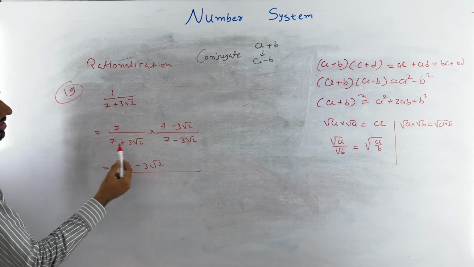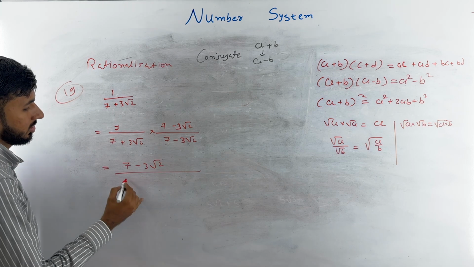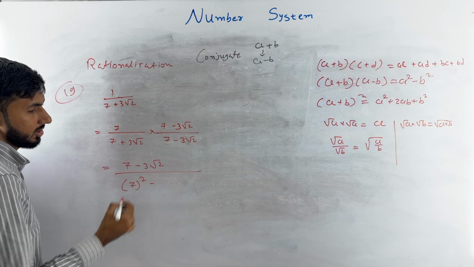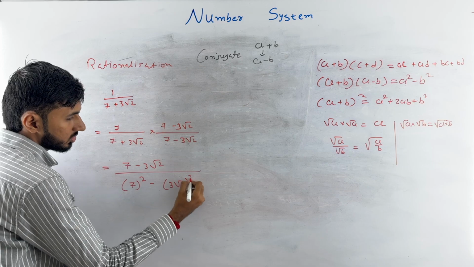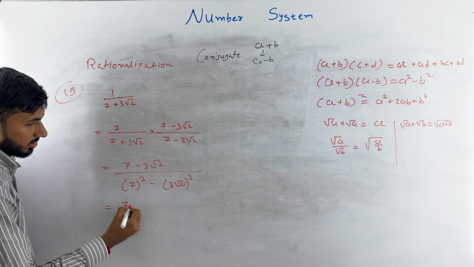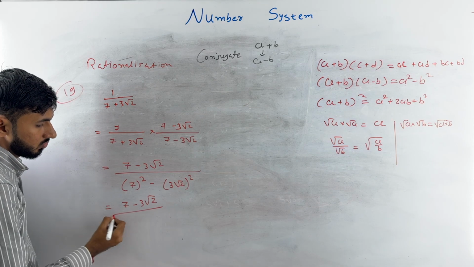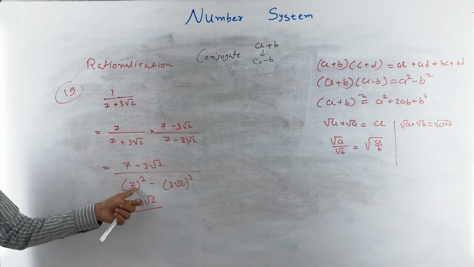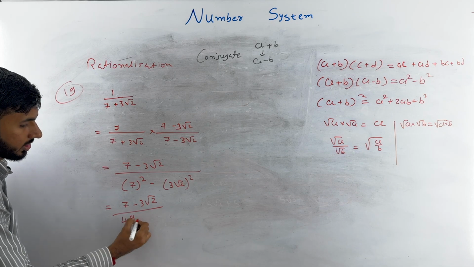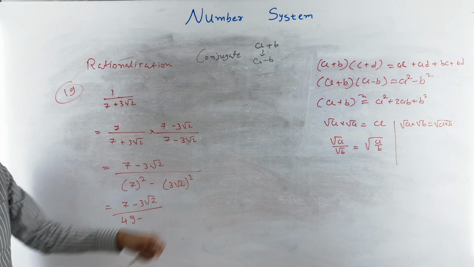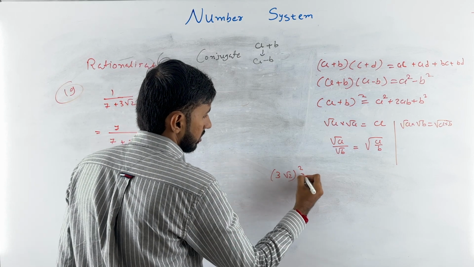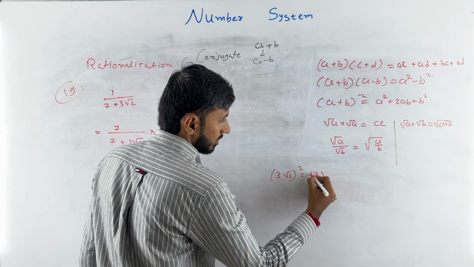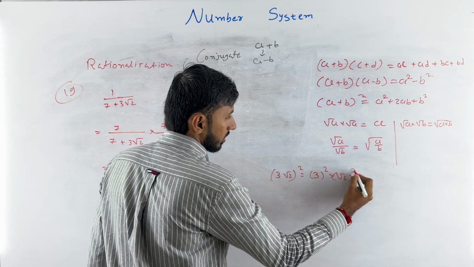For the denominator it is a plus b and a minus b, so the answer is a square minus b square, where in place of b we have 3 root 2. So the numerator will be 7 minus 3 root 2, same as it is, and the denominator is 7 square, which is 49, minus 3 root 2 square.